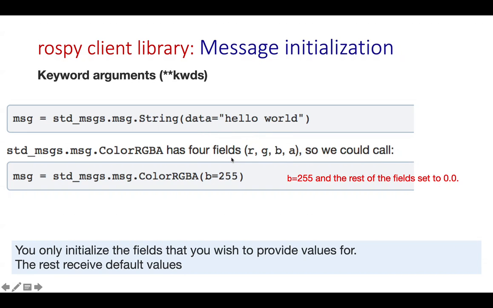And the importance of this is, again, string is not the best example, but look at the color RGBA. I know the color RGBA has 4 fields, but maybe I just want to update the blue channel. And everything else should be default or whatever is the previous value. So I can construct the message in the style of inline argument without having multiple empty messages and then filling them. But in this case, I have to specify the name of the field which I want to update. So as simple as that.